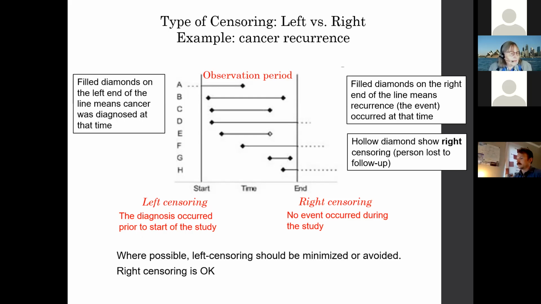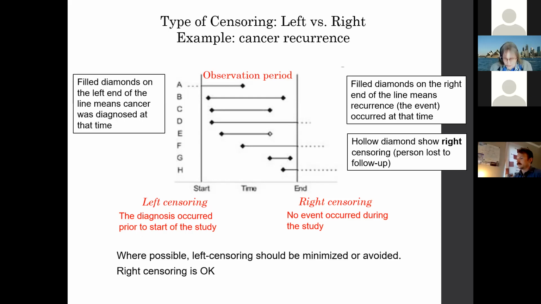It might be a new cancer diagnosis of a specific stage and grade, but you need to have the event that you're following forward in time occur within your period of observation. Unless maybe this is a very, very rare cancer and you try to get as many cases as you can, you know this person was diagnosed a month before, a week before, maybe you would include it in that case, but explain that in your methodology. But for the most part, left censoring is not allowed.